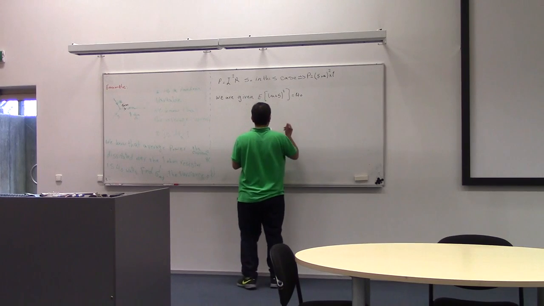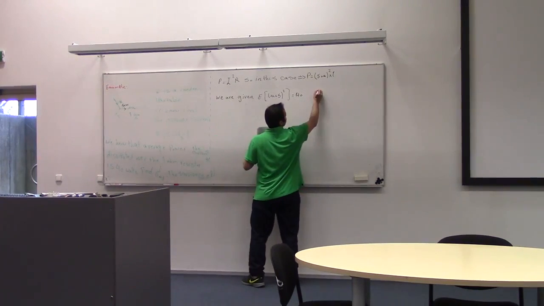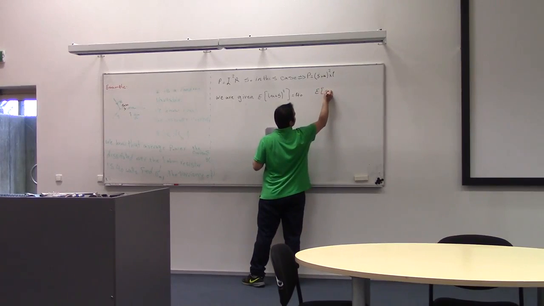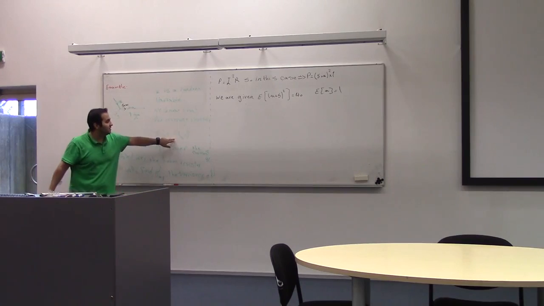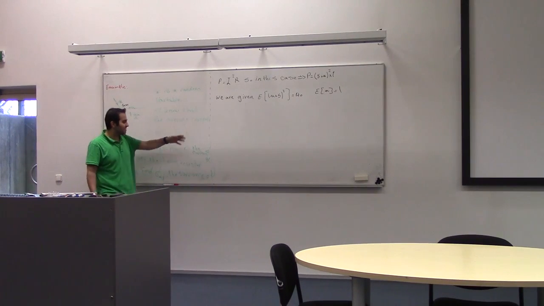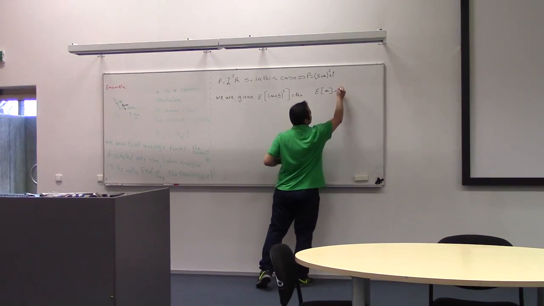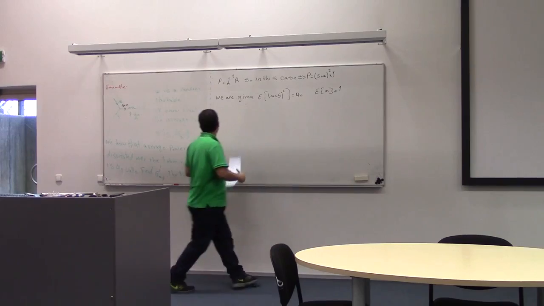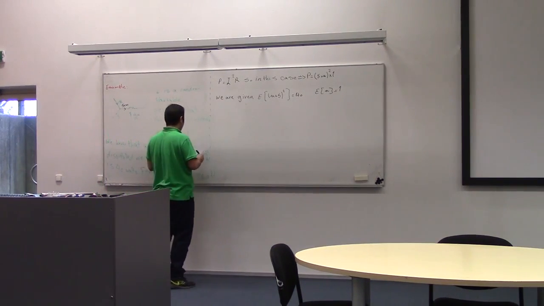Then the expected value of the X is equal to 1, because we know that the expected value and mu are the same. We know this part from the question.